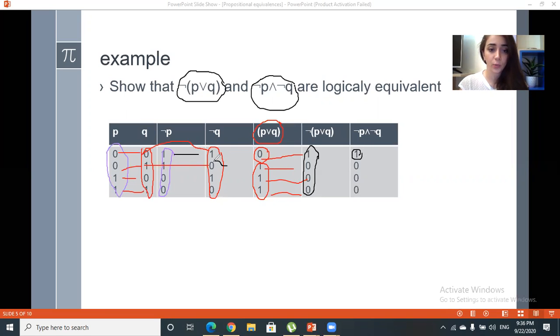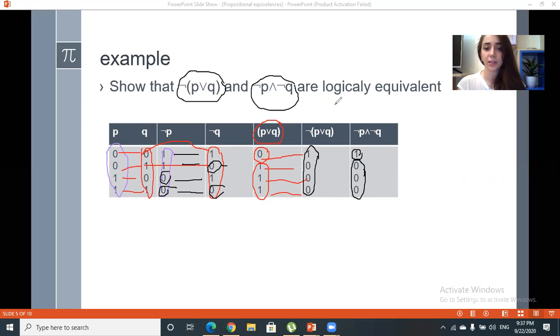Otherwise, here we have 0 and 0, both of them are 0, so the conjunction between them will give us 0. Okay?